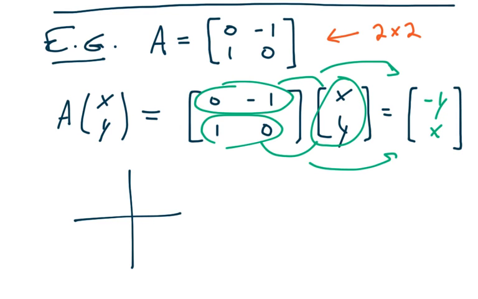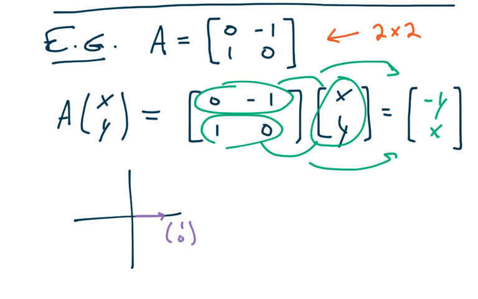Alright, we can sort of visualize what this matrix does by looking at some specific vectors. Alright, so let's choose simple vectors first. Let's say we start with the vector 1, 0. Alright, so where does 1, 0 get sent? Well, it gets sent to (-y, x). So y for 1, 0 is 0, which tells me the x component is 0.